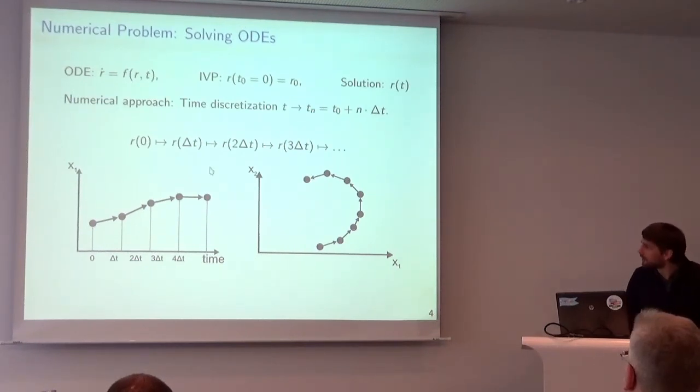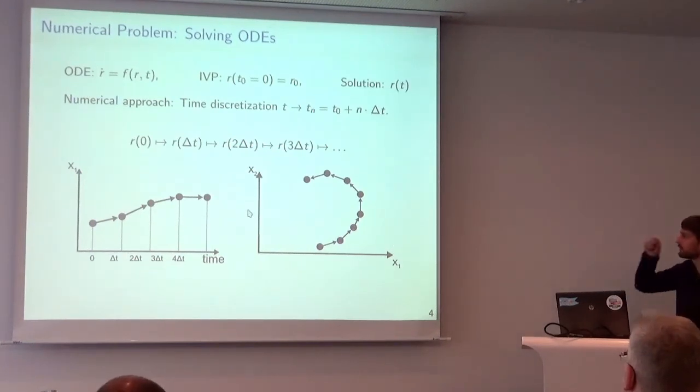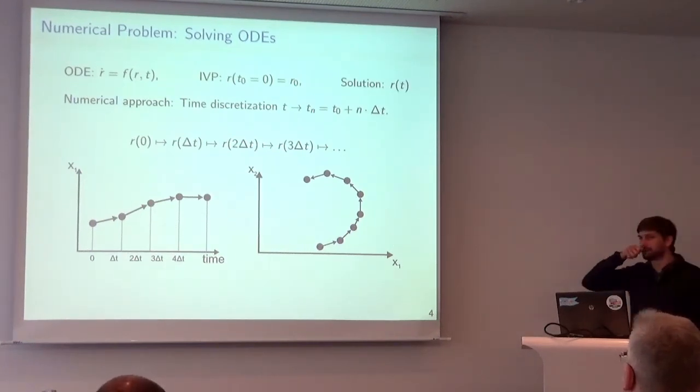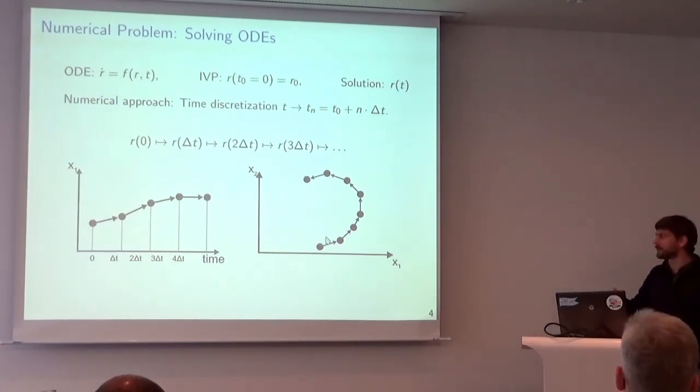This is illustrated here. This x is what I call r up here, so it's not very consistent, but I hope it remains clear. Or if you look at it in phase space, where you just plot the different components of r, you see the whole trajectory in phase space. This is what physicists like to do, put things in phase space.